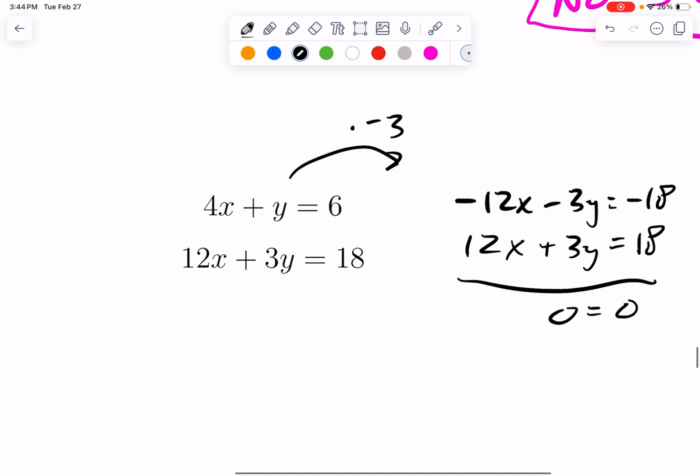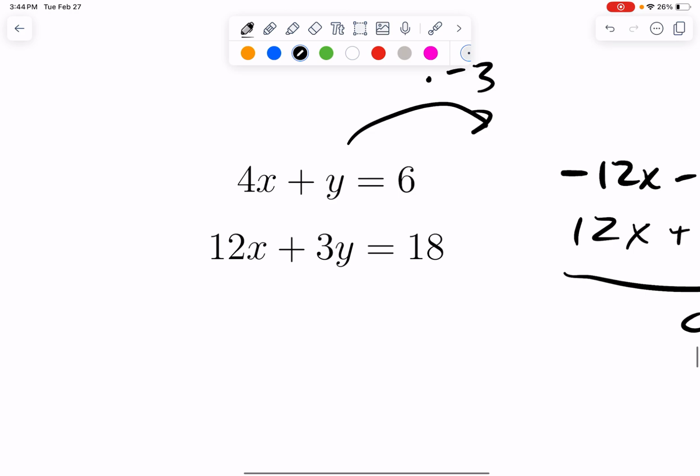So this is our signal that maybe x or y do not have to be specific values, that we have some flexibility.